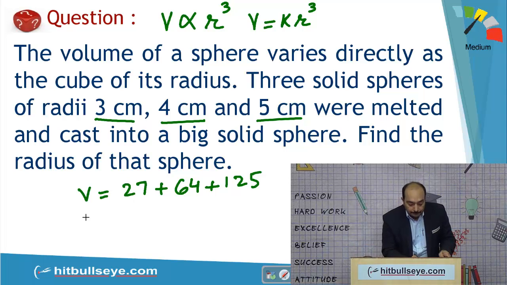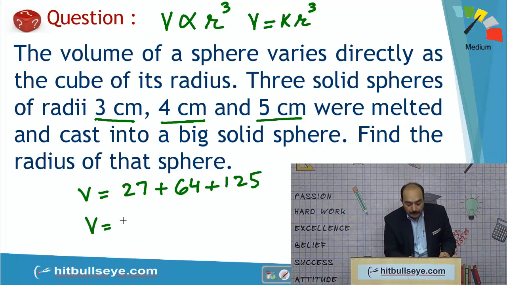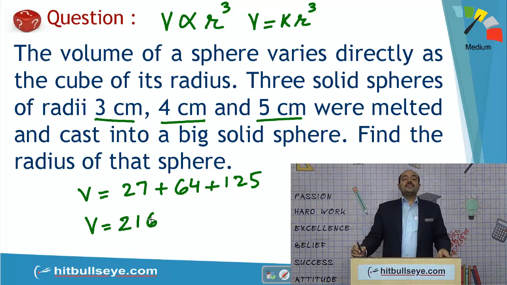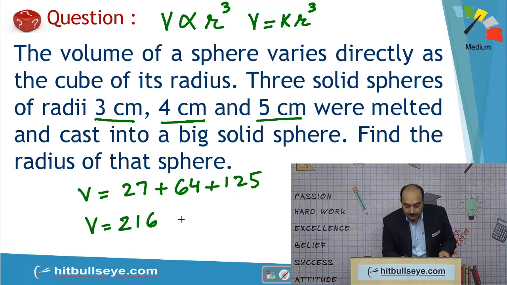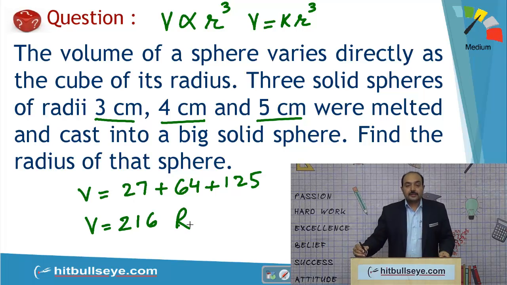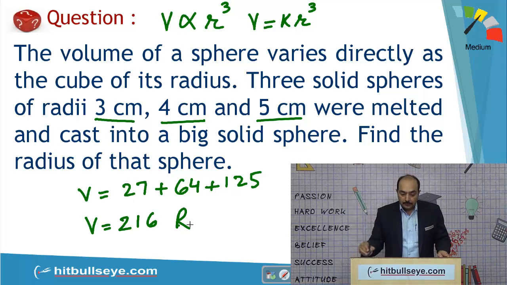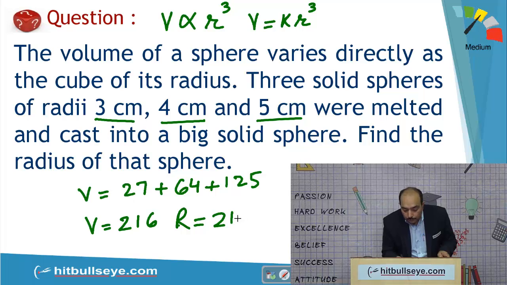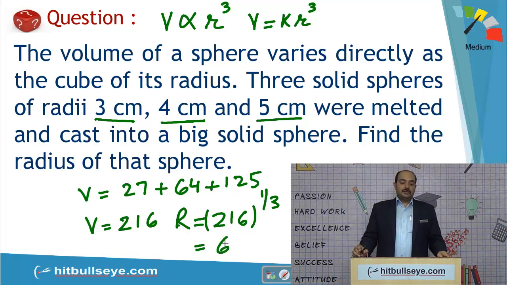So the total volume of the bigger sphere would be, we'll add these, 216. Since this is proportional to r cube, the radius of the bigger sphere, say capital R, would be the cube root of 216, which is 6. That's your answer. Let's move to the next question.